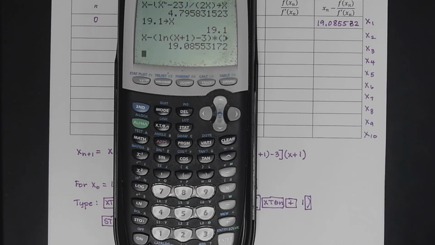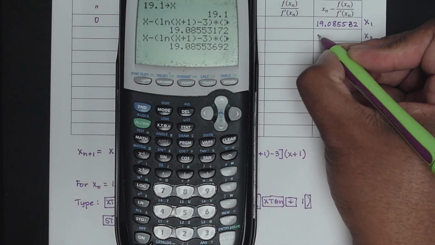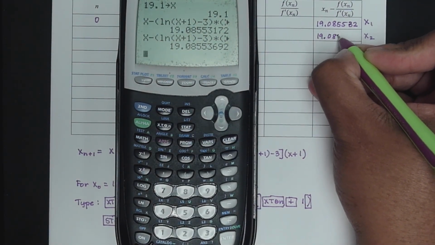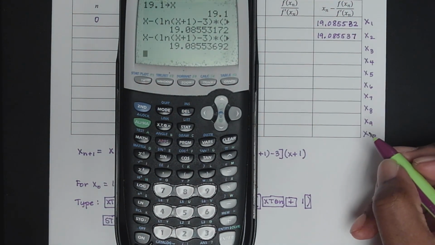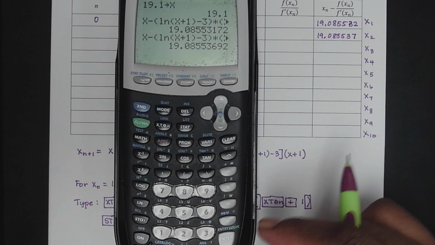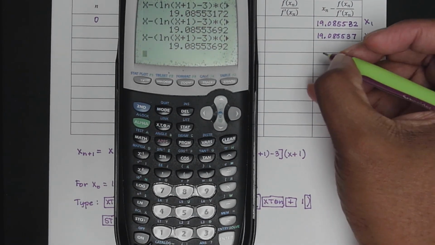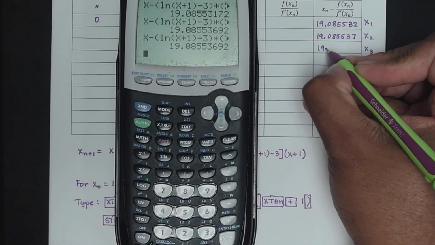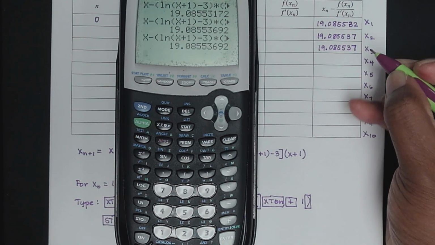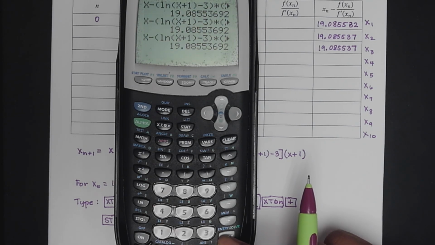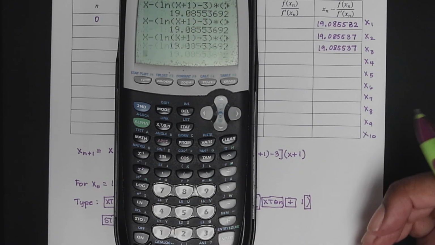To get the next, which is x2, press enter, and it'll give you 19.085537. That would be x2. And then if you press enter again for x3, notice you get the exact same value. And it's going to be the same for x4, x5, x6, x7, x sub 8, x sub 9, and x sub 10.